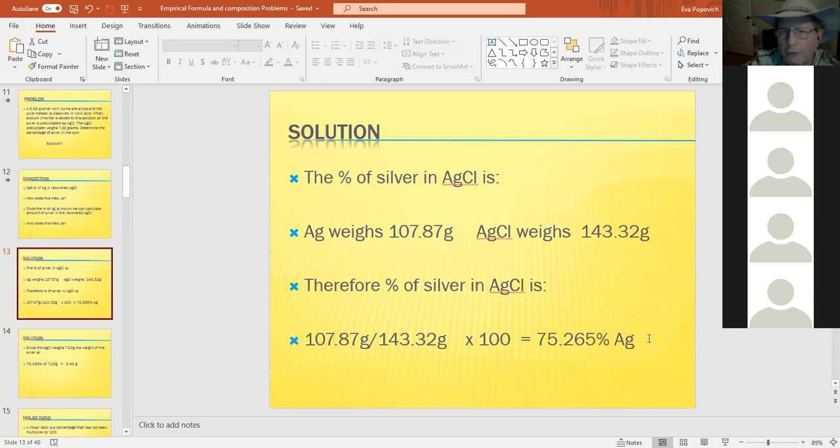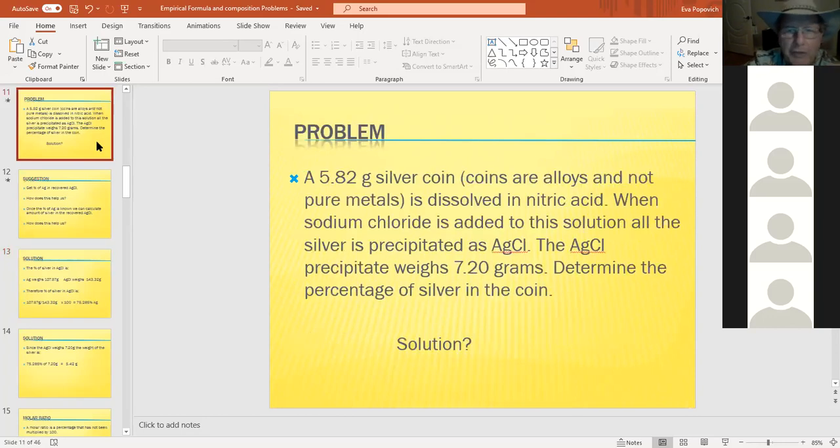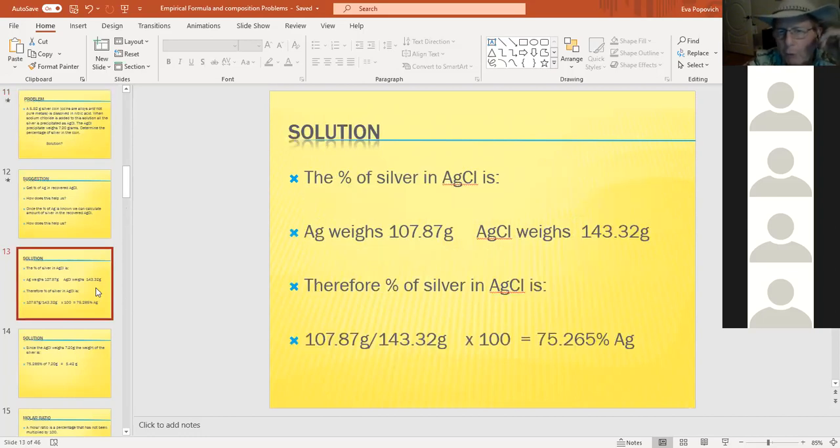Yes. Okay, so you got 75.265% of the silver chloride is silver. What are you gonna do with that number now? I'm sorry, I missed that. Okay, you have the percentage of silver in silver chloride is 75.265%.